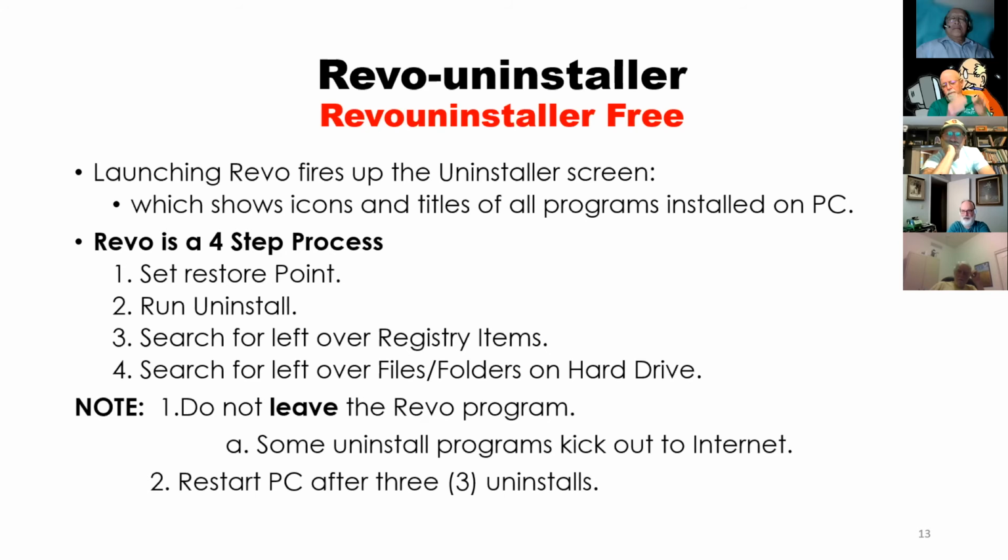And of course, they're going to say, please, please don't uninstall us. We're the most wonderful program you've ever had on your PC, and you need to leave us right there where we're at. Yeah, right. Kick out of them kicking you into the internet, kick right back out and go right back into Revo Uninstaller and finish the last 2 steps. Search for leftover registry items, search for leftover files and folders on the hard drive.